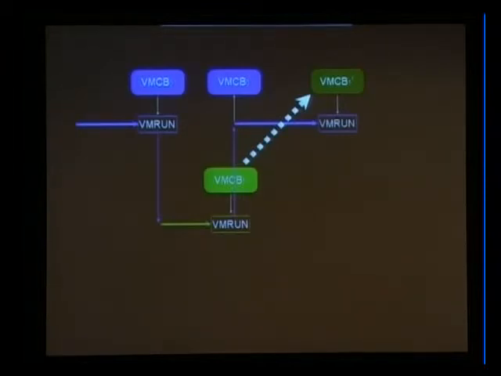So we update this VMCB with the other interceptions that we want to intercept as the main hypervisor, and we continue, and we should somehow continue the execution of the guest.